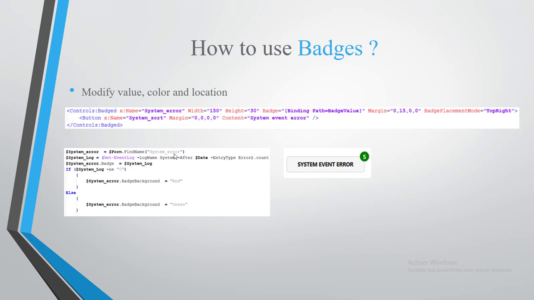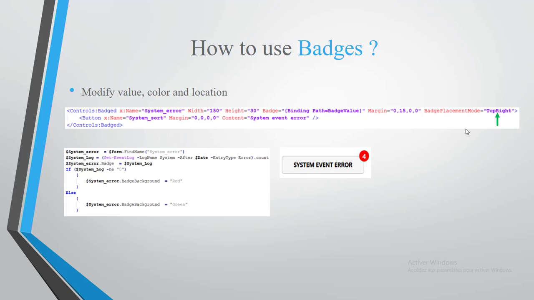Now, see here an example of code used to display the last error found in the event log, and this will display different badge notifications. For instance, if there is an error, the badge will be displayed in red.